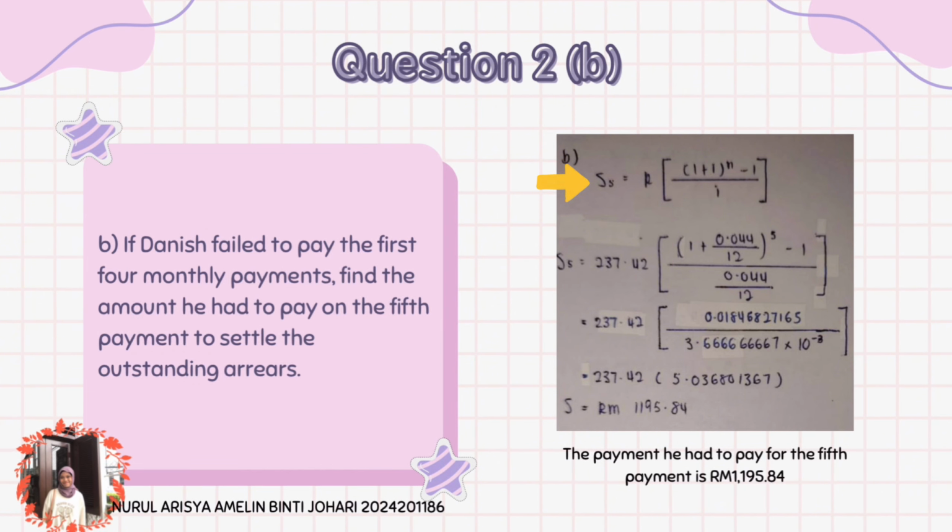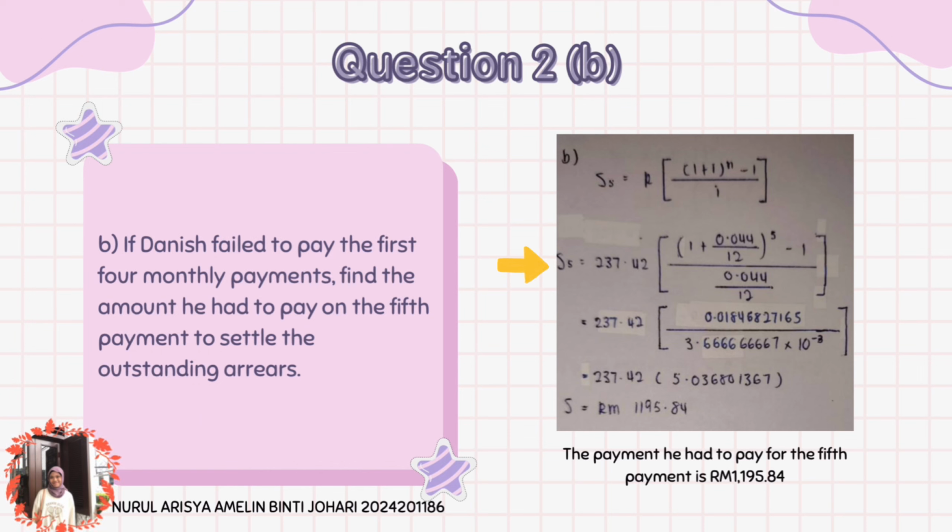Then it will be 237.42 open bracket, bracket 1 plus 0.044 divided by 12, bracket to the power of 5, minus 1 divided by 0.044 divided by 12, close bracket.